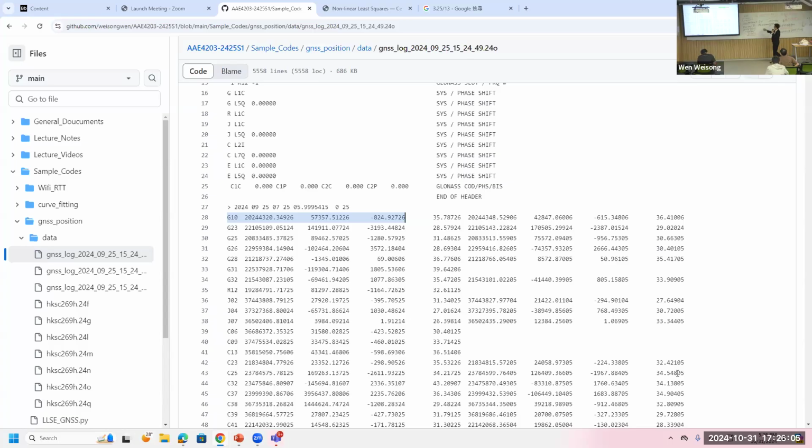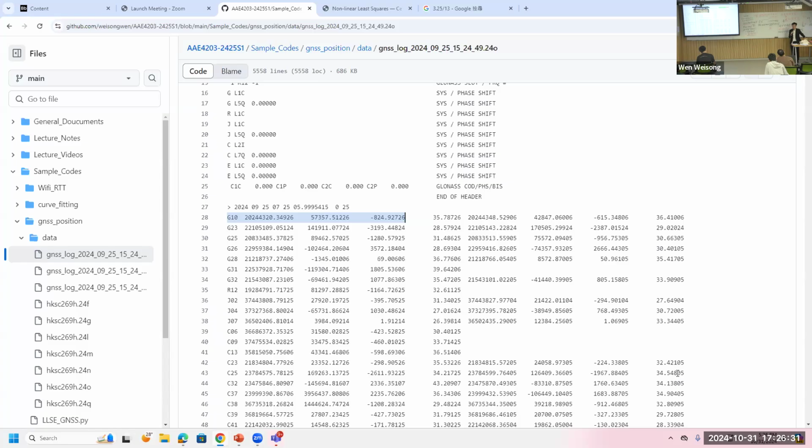If you get multiple equations, you can calculate the J. So in this case, you can calculate the velocity of the receivers based on this Doppler measurement. Usually in open sky, the Doppler measurement can provide velocity accuracy at the centimeters per second level.